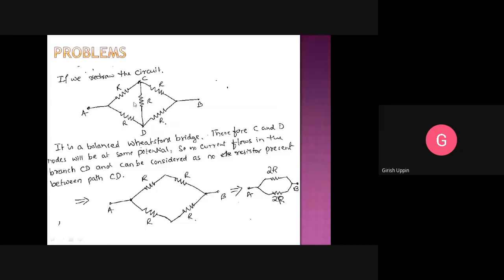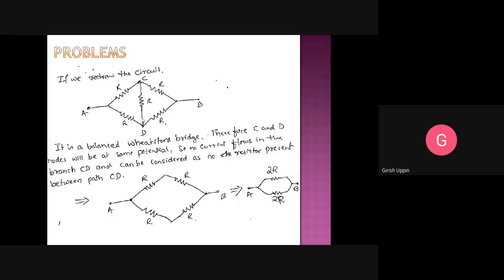If you connect a galvanometer here, which detects the current, it will show 0. The current would be 0, and if the current flowing in this particular branch is 0, what is the meaning of that? I have already told you.